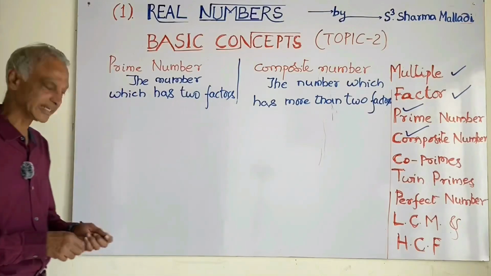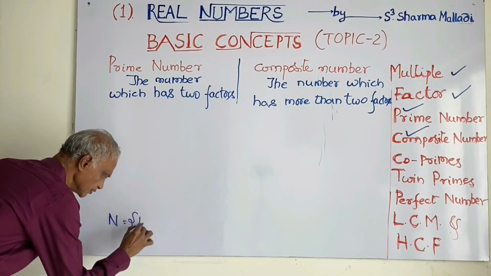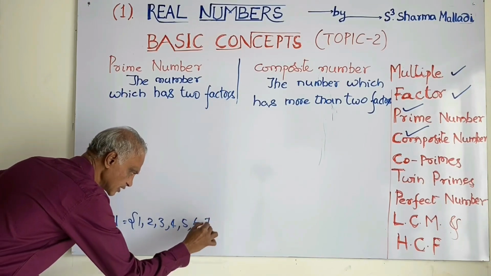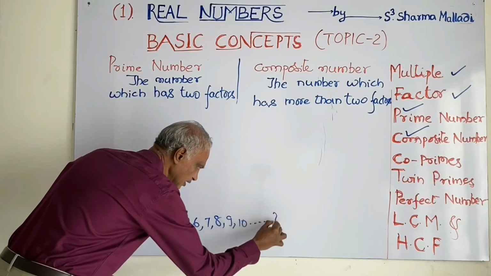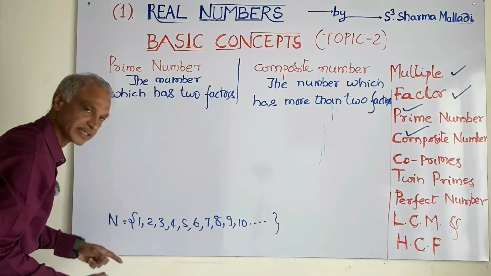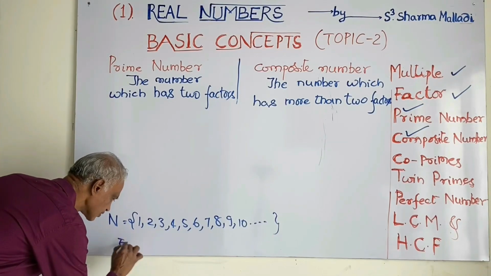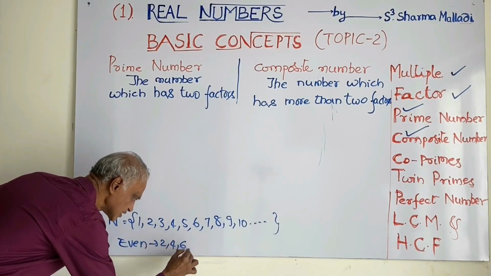Already I told you, I will take natural numbers. What are natural numbers? 1, 2, 3, 4, 5, 6, 7, 8, 9, 10. These are the natural numbers. What are even numbers and odd numbers? Even numbers: 2, 4, 6, 8.